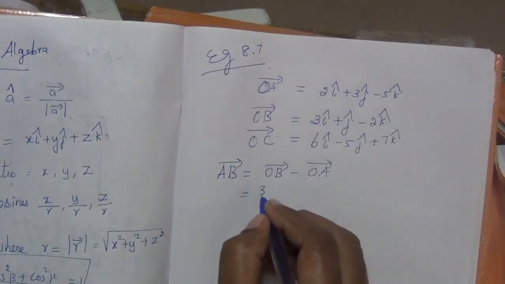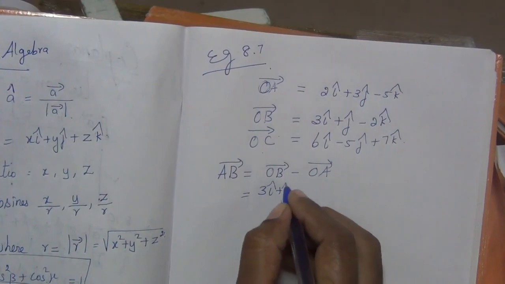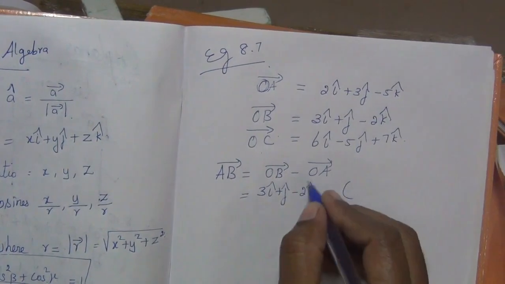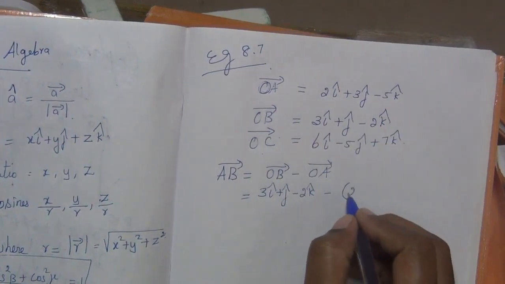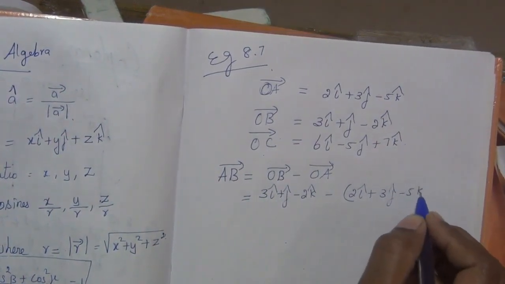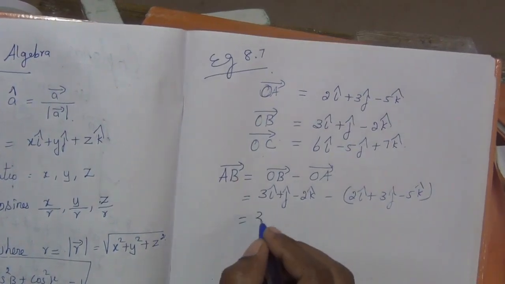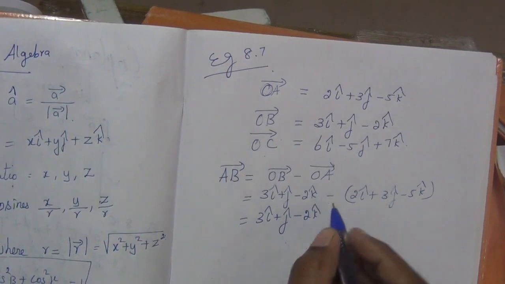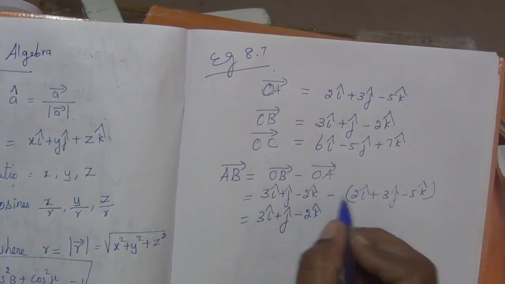Substitute OB vector, that is 3i cap plus j cap minus 2k cap, minus of OA vector, that is 2i cap plus 3j cap minus 5k cap. Now we can multiply with the minus.